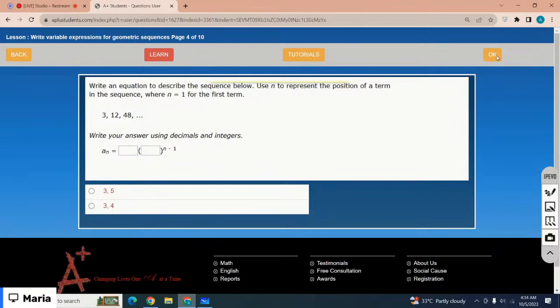So that would be 3 and 4, right? The second option is the correct one.